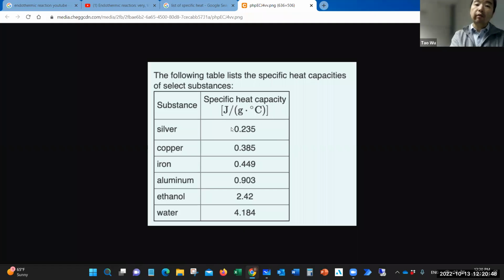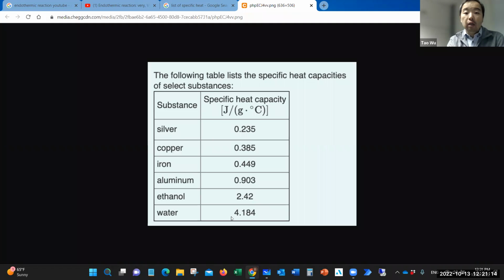So what does the smaller number mean? I only need 0.235 joules of energy to increase 1 gram of silver by 1 Celsius. Just a little bit of energy.